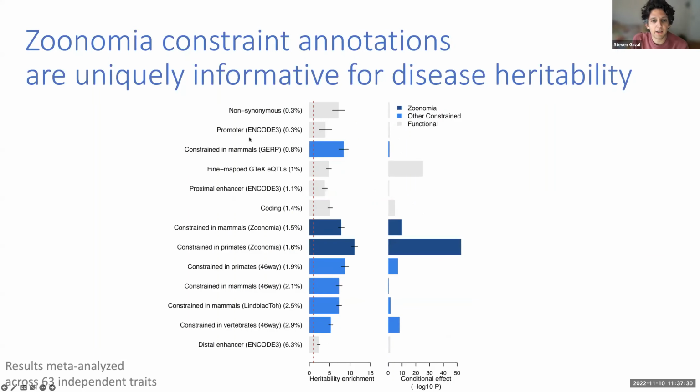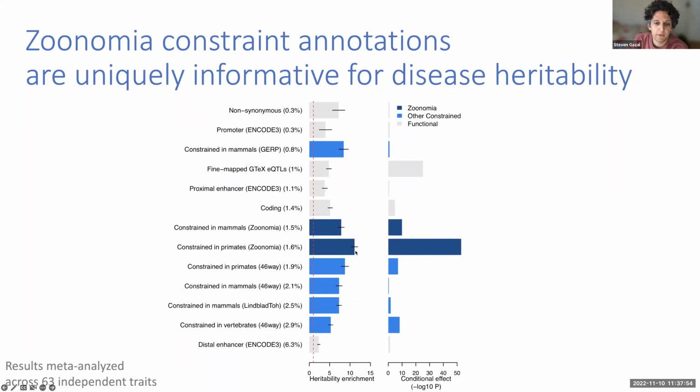Okay, so here are the results of the Zoonomia heritability enrichment compared to other annotations. We compared to other constraint annotations in lighter blue, the Zoonomia annotation in dark blue, and to what we consider the most relevant functional annotations of the human genome in gray. So we have non-synonymous, ancestral, promoter, and enhancer, coding regions, fine-mapped GTEx eQTL.